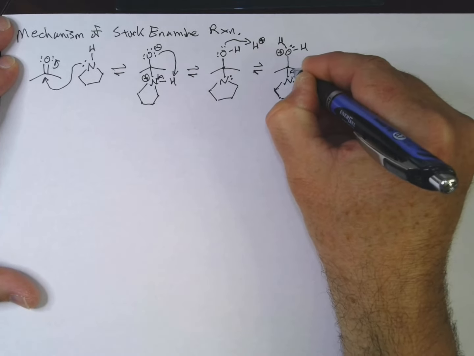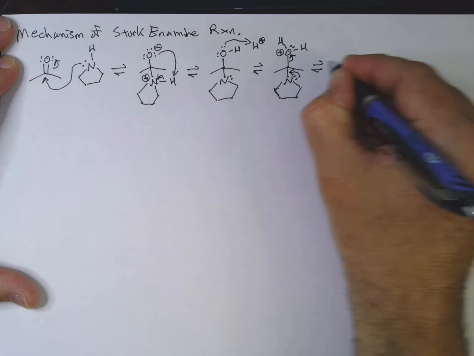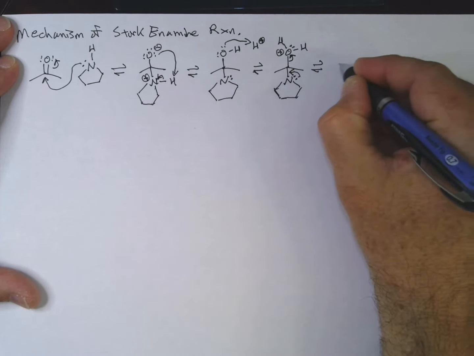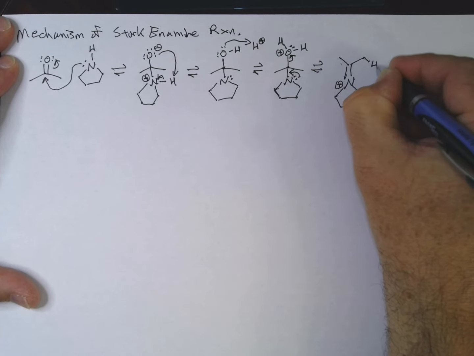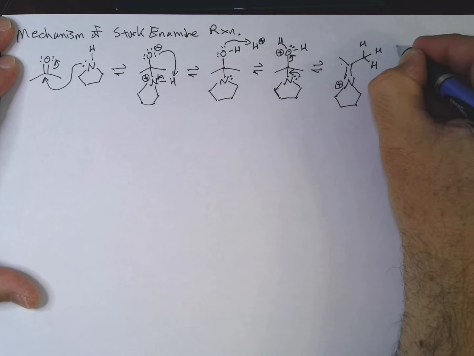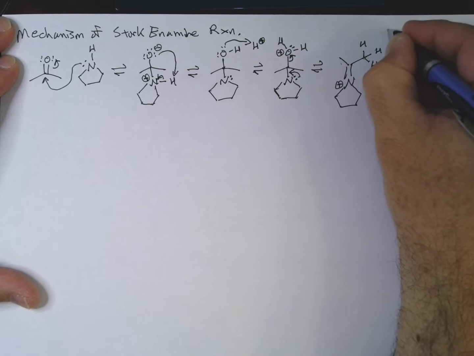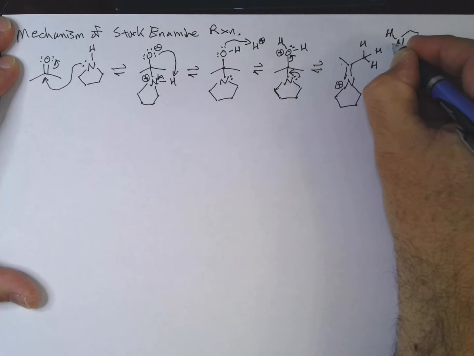And so now we have that lone pair goes there. And that gives us now double bond N, positive charge. And now one of our hydrogens here, we can remove that with our nitrogen on our amine.